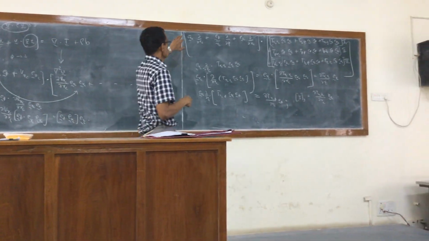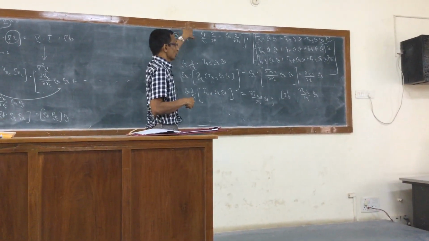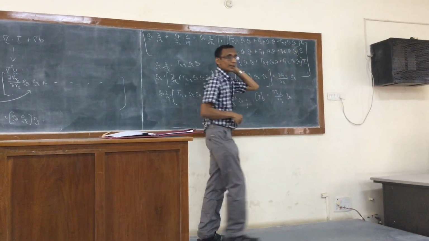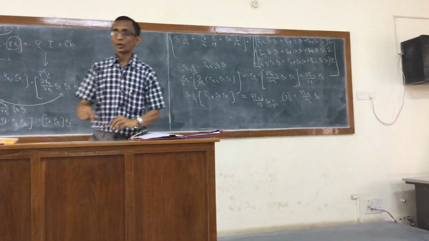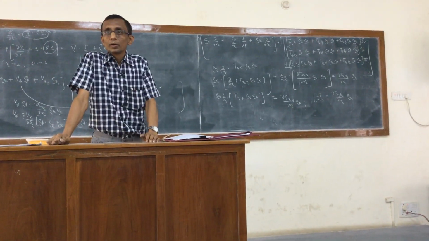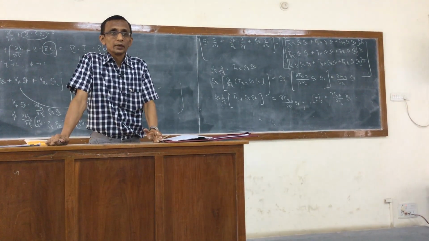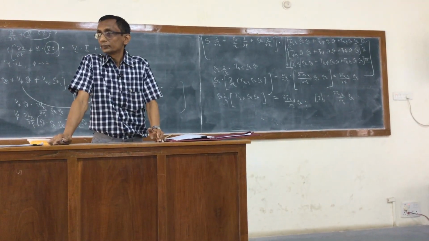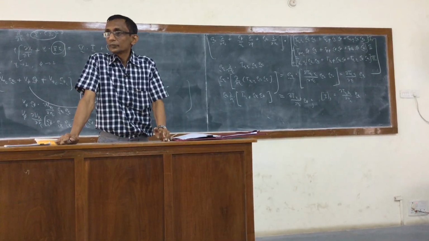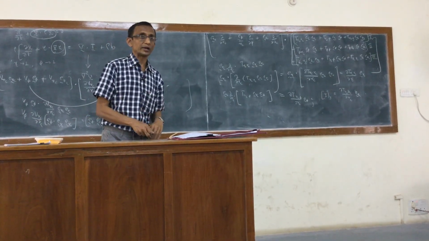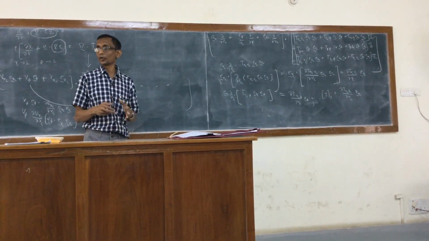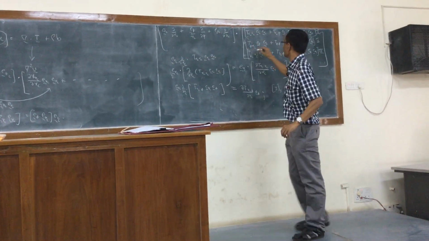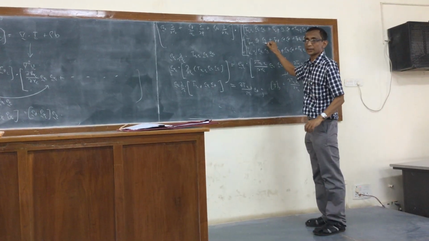Now I can look at the action of this on each of the terms in the second row. What do you think will be the result? I'm asking you what is the final result? 0, right? That is because d by d rc of e_phi as well as e_rc is 0.